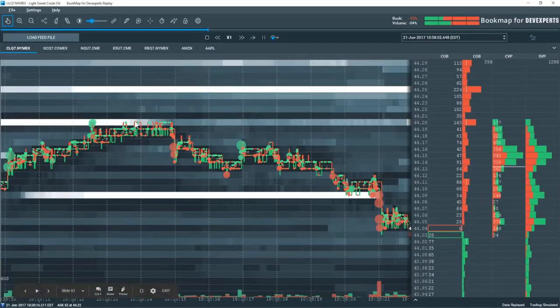Let's go through the example here in Bookmap. What does this look like? Here's our high liquidity on the offer. We see the aggressive market buys trading into that area, and they remain in the book.